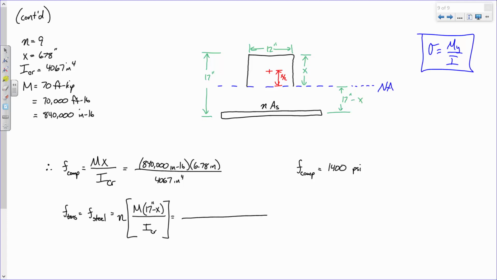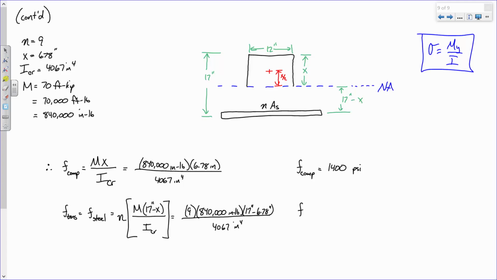So this is going to be 9 times 840,000, 840, not 84, inch-pounds times 17 minus 6.78 all over 4067 inches to the fourth.